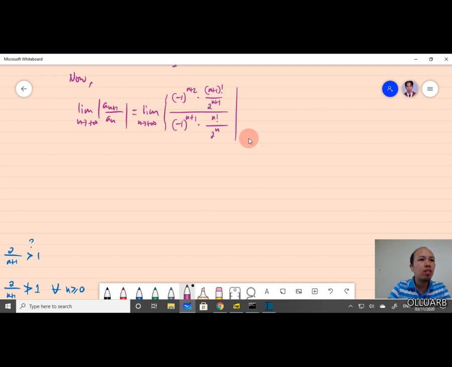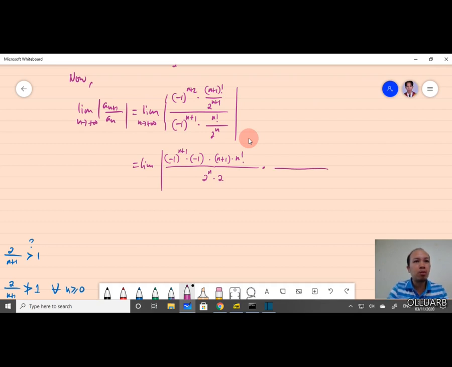So notice here that this is equivalent to negative 1 to the n plus 1 times negative 1 times n plus 1 times n factorial over 2 to the n times 2.